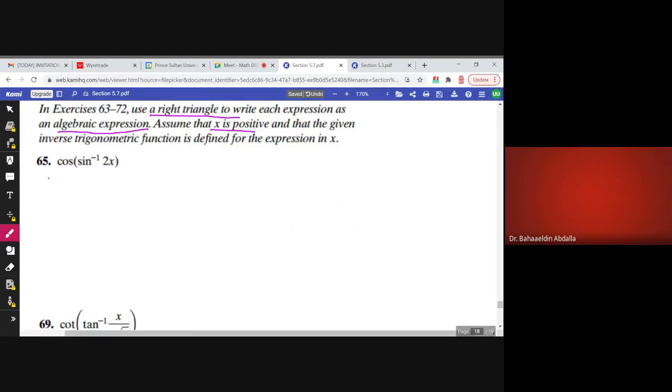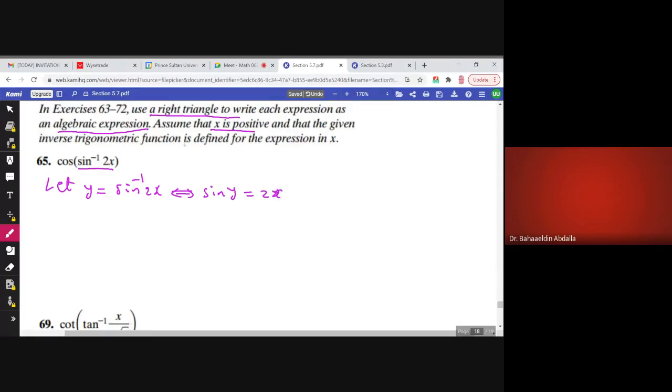So what to do? Again, let y equal sine inverse 2x. Any inverse trigonometric function, you just call it y. Use the definition. Sine y equals what? 2x.